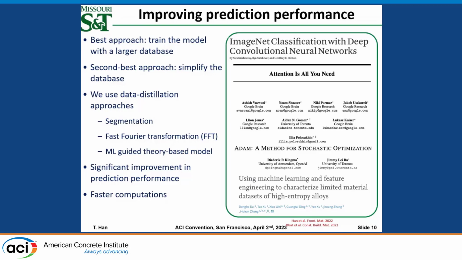So it's really hard to collect thousands of data records. So we want to try to simplify our database, so that the input-output correlation is much simpler and the machine learning model can learn such simple correlations in that small database. Here I'm going to introduce three methods to reduce the complexity of the database.